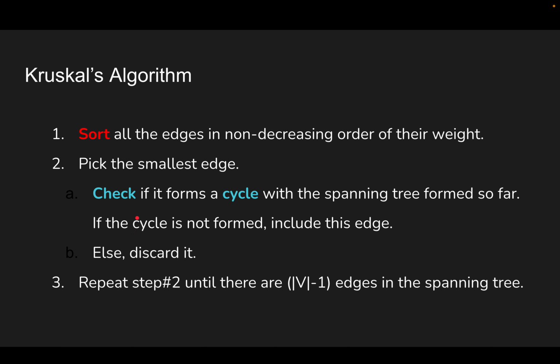Pick the smallest edge and check if it forms a cycle with the current spanning tree. If there is a cycle, then we discard the edge. If no cycle is formed, then we include this edge in the spanning tree.